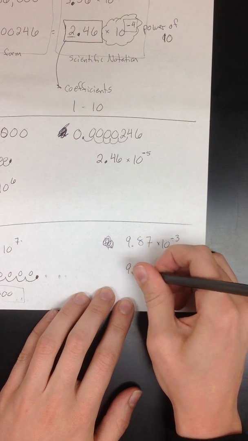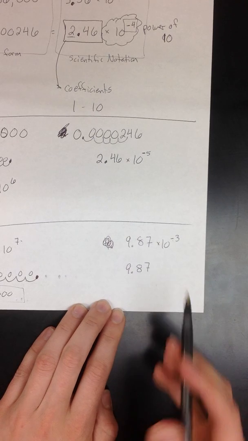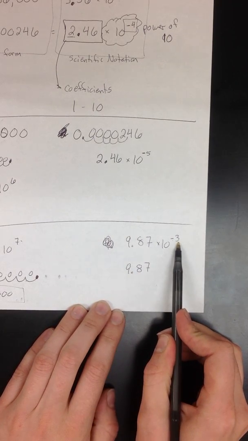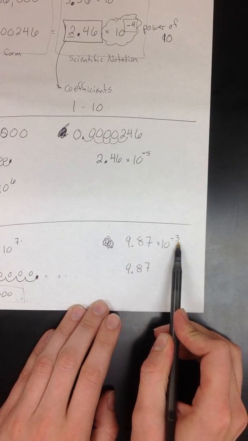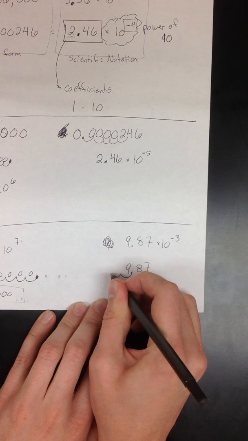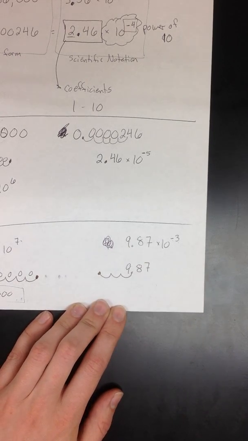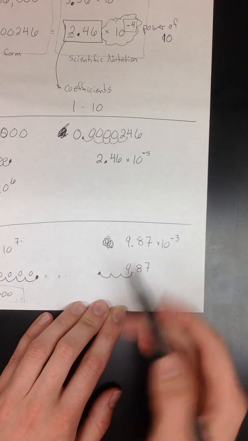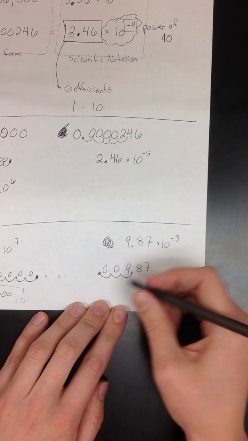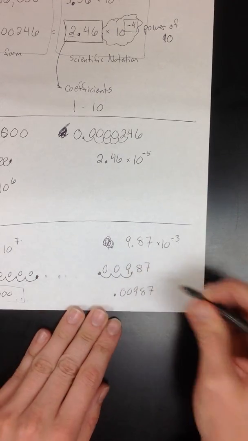So I'm going to start with my 9.87, and I'm going to move this decimal 3 places, and in order to make it a smaller number, I'm going to move it to the left. So 1, 2, 3. There is my new decimal location. I'm going to fill in these gaps with zeros. So I would have 0.00987.